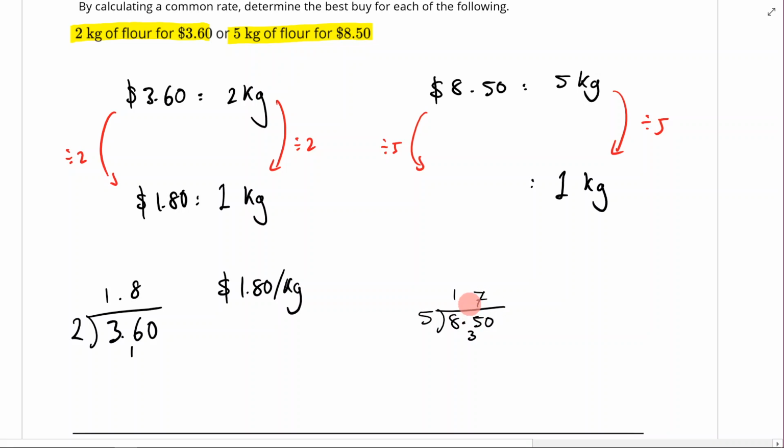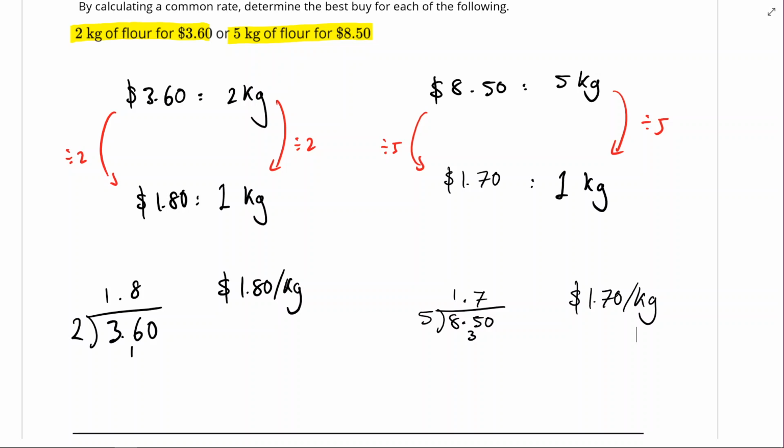And then remember, I have to put my decimal place straight up here. Oh, I think I'm about to sneeze. Bless yourself. All right, so that is going to be $1.70. Perfect. So I did a bit of short division. Beautiful. After all of that, this means that this one is $1.70 a kilo.